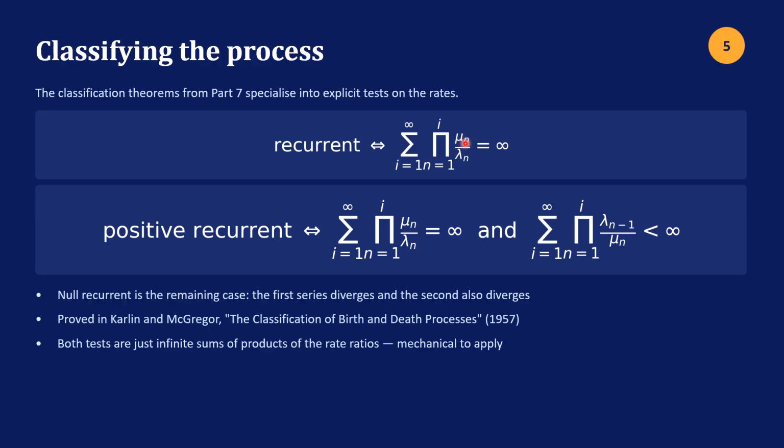So that's when it's recurrent. And positive recurrent, you have this condition and this quantity here. You notice this is not the same as this here. That's less than infinity. Now, if you have this condition and this is infinity, then you have the null recurrent case.